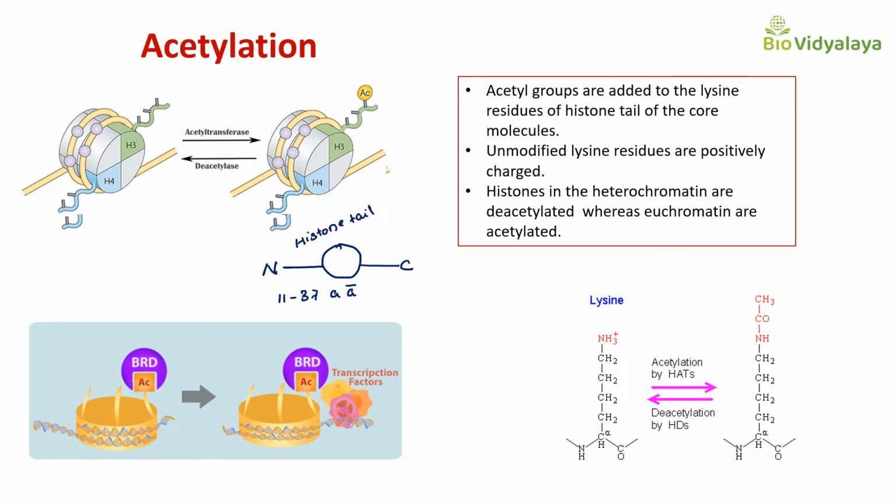See, here you can see this is histone protein H3 and this is the histone tail. So, the N-terminal end of histone is called the histone tail. Acetyl groups are added to the lysine residues present in the histone tail.